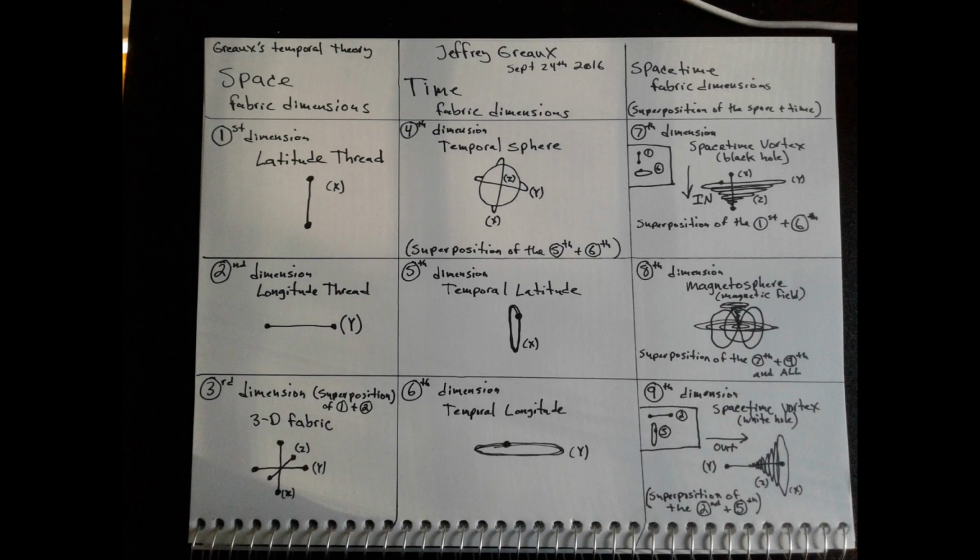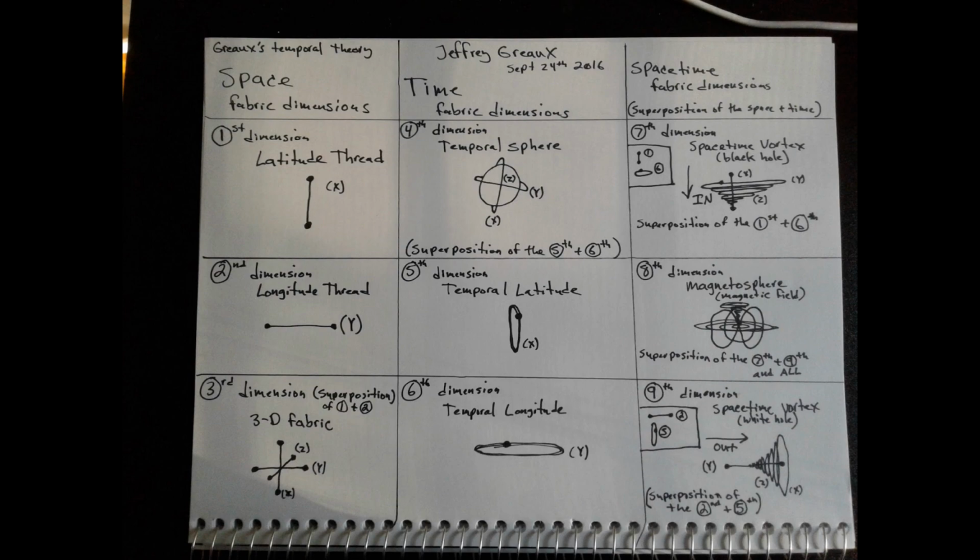If you think about it, in three-dimensional space, we have what I call a latitude dimension, where things are aligned vertically. And if you take that dimension and you flip it on its side, which is what I call a horizontal flip, you will get the second dimension, which is the longitude dimension.